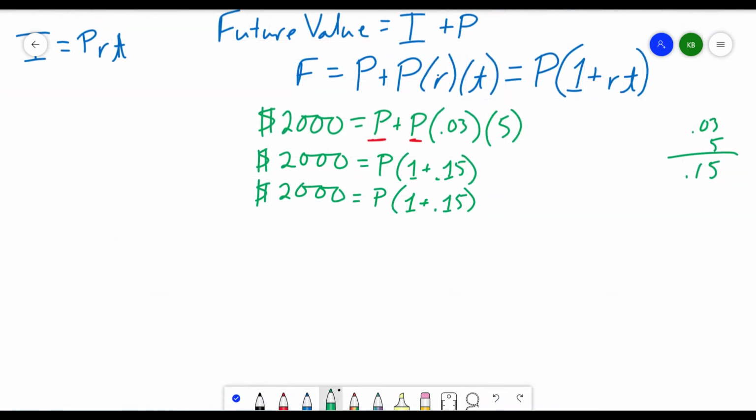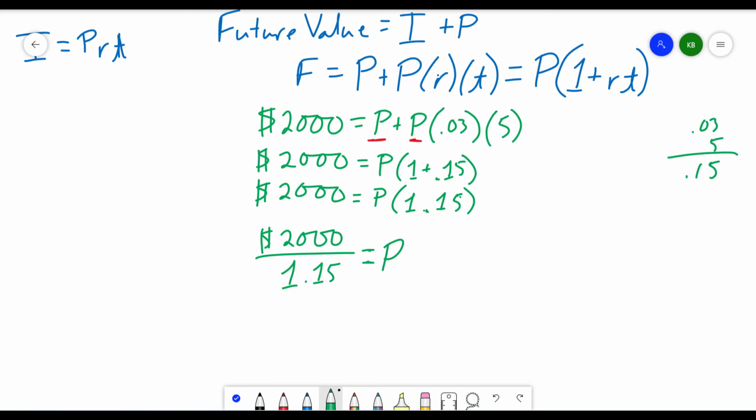And now, sorry about that, it should be 1.15, right? I should actually add, not write the same thing twice. So now if I divide 2,000 by 1.15, I'll have what my principal would be. So 2,000 divided by 1.15 is going to equal my principal.